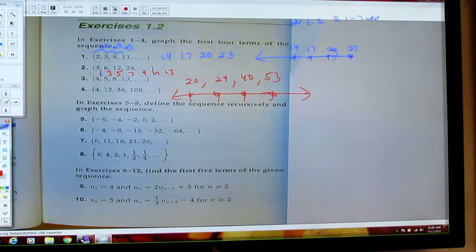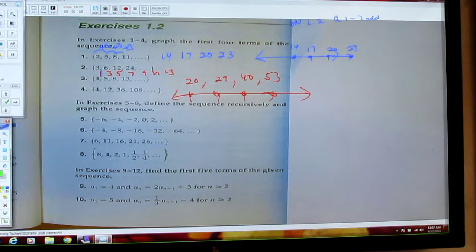So number 5. What's happening with number 5? It says define the sequence recursively and graph the sequence. So recursive sequences tend to be a little bit harder. They tend to use summations and products.